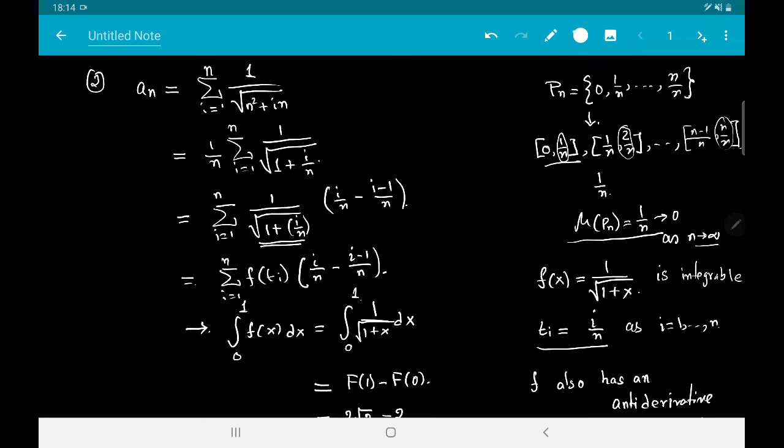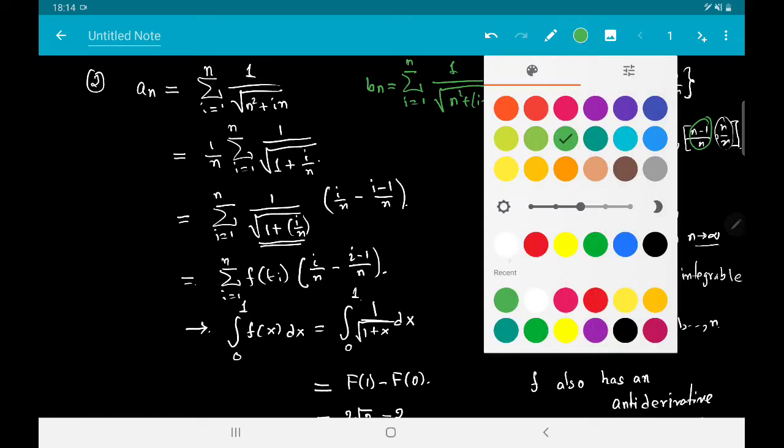You could alternatively have been given a sequence b_n, which is given by summation i equal to 1 to n of 1 by square root of n square plus (i minus 1) times n. But in this case also, exactly the same argument will go through if we just choose our tag points to be the left endpoints of the intervals, and you can see the same arguments will continue to hold.